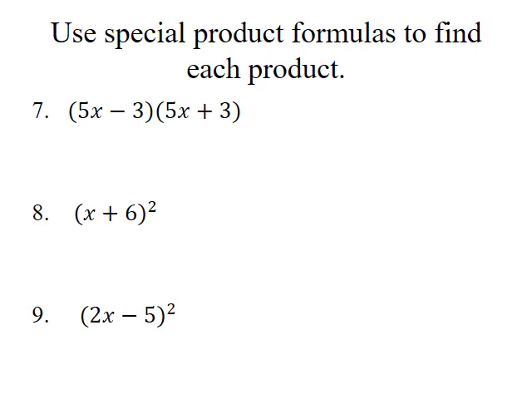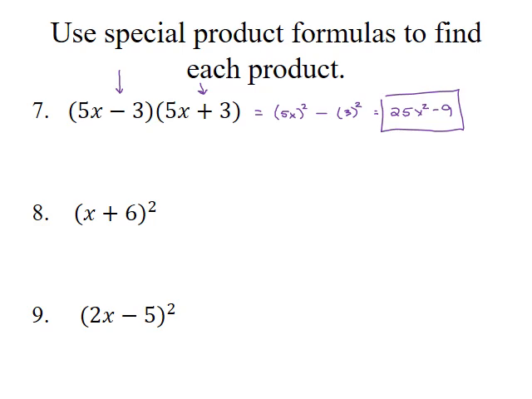Normally you would do FOIL here, but if you remember, the difference of squares says that since both of these are the same, except one is subtraction and one is addition, you can simply take both terms, so the 5x and the 3, you can square them and just subtract them. So if you square both of those, it will be 25x squared minus 9. And that's it. That's going to save a lot of time.